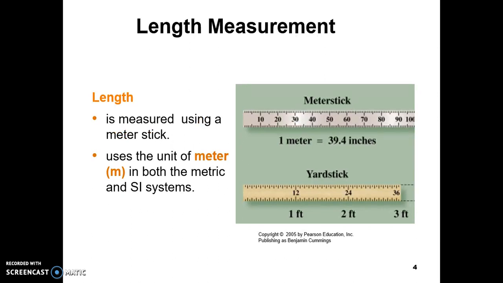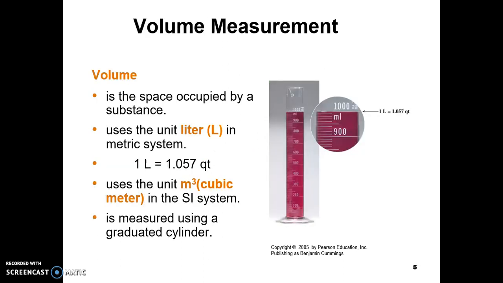Talking about length, in our science class we are going to use a meter stick to measure length, and the unit in the metric system for length is meter. Volume is the space occupied by a substance, and in the metric system we use the unit liter.